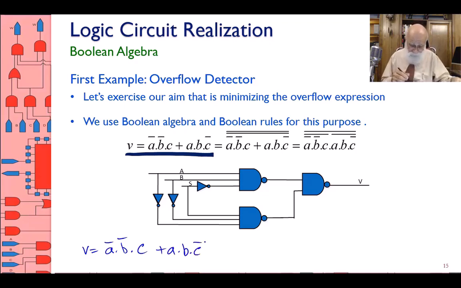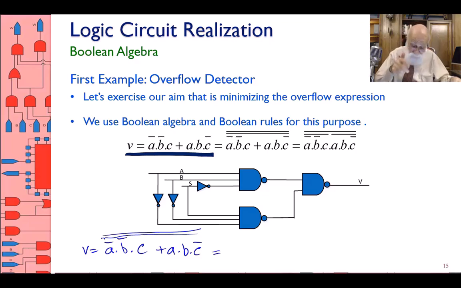And what I do is I use the very first rule. The very first rule says bar it twice. If you complement something twice, it is as if you haven't done a thing. Okay, so I do this.